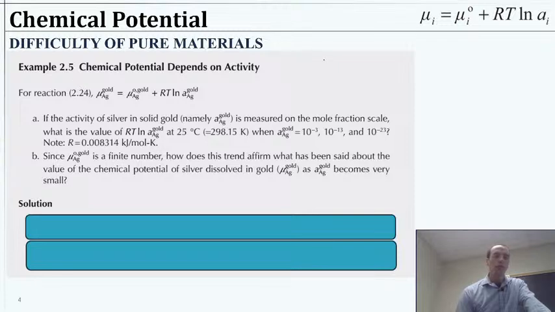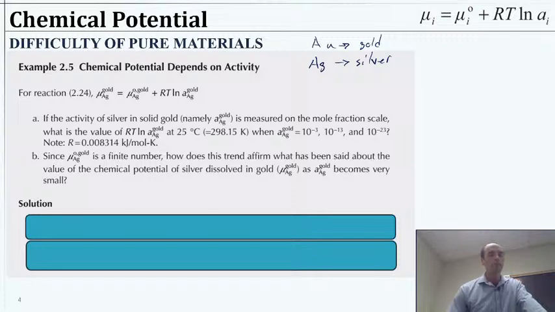But essentially, gold and silver like to mix. And so this is going to be some reaction of trying to get gold separate from silver. Ag is silver, and Au is gold from the periodic table, right? Okay, I'm going to finish reading it, and then I'll see if I can pull up this reaction.